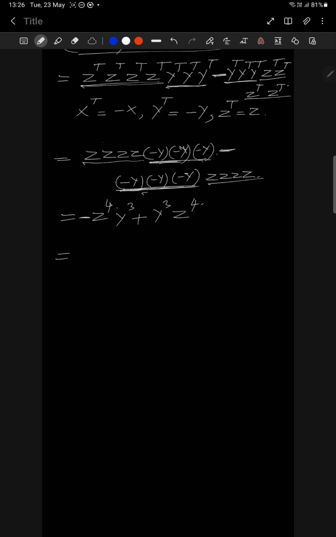So what we are getting is, if I take minus sign common, then it will become z to the power 4 y to the power 3 minus y to the power 3 z to the power 4.